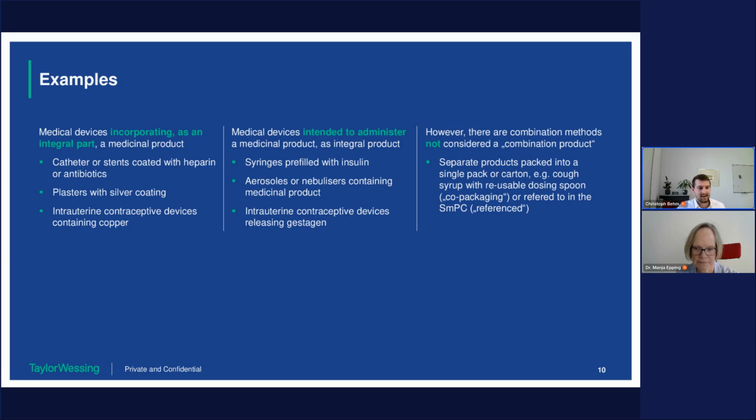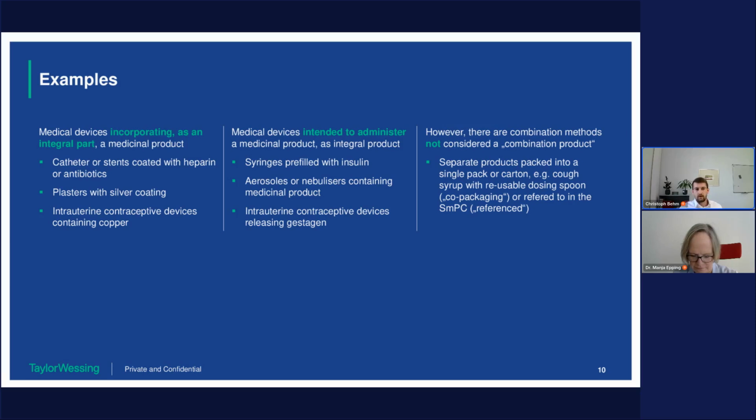However, and as mentioned earlier, co-packaged products, here demonstrated on the right-hand side, like cough syrup with a reusable spoon, or products which contain references in the SmPC to other products, are not considered to be combination products. This is a very important differentiation.